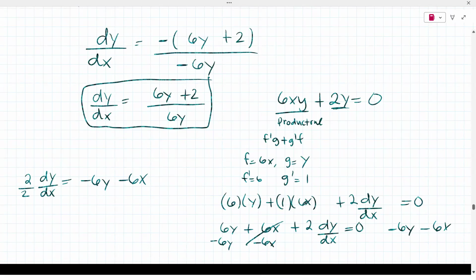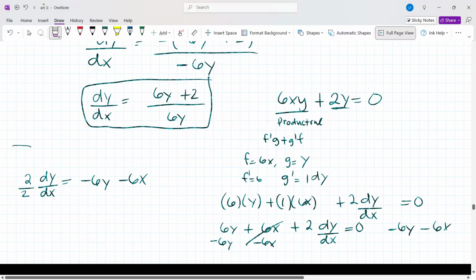Product rule, f prime, 6. No, I forgot to add this dy dx. Yeah, I kind of messed up. Okay.